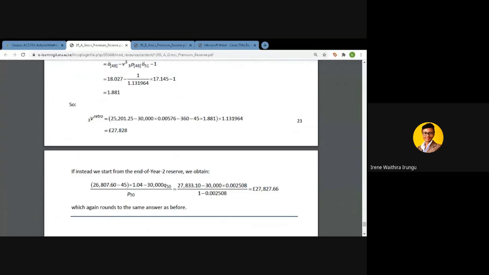You accumulate that, and you less the cost of benefits, where the cost of benefits are only payable if the life actually dies. So that will be 30,000 times the probability of actually dying between ages 50 and 51, now that they are at 50. And then you divide that with the probability of actually surviving between ages 50 and 51. And you can see the final answer arrived at here is the same answer you'd have arrived at if you used the long method. So the two of them are the same.